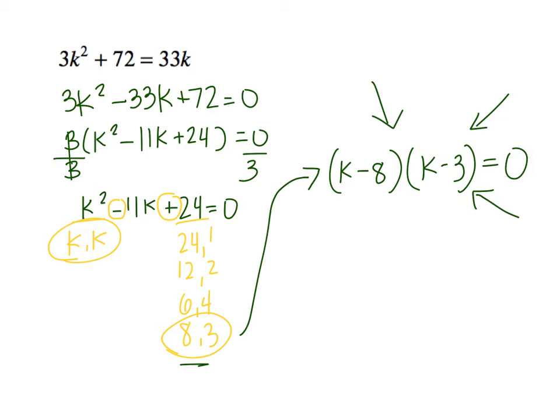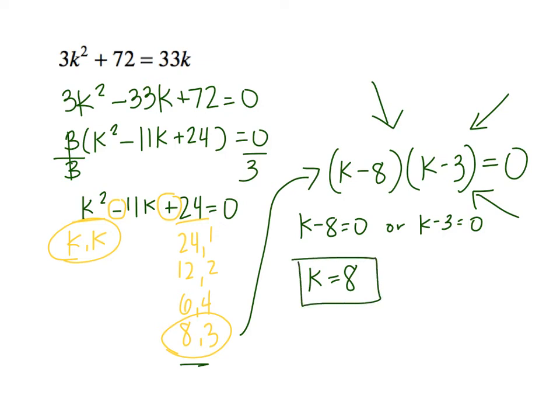Then I can say, okay, either k minus 8 is equal to 0, or k minus 3 is equal to 0. From there, plus 8, k is equal to 8, or k is equal to positive 3. So please don't try and skip steps. You want to go from here to your factored form to your solutions.